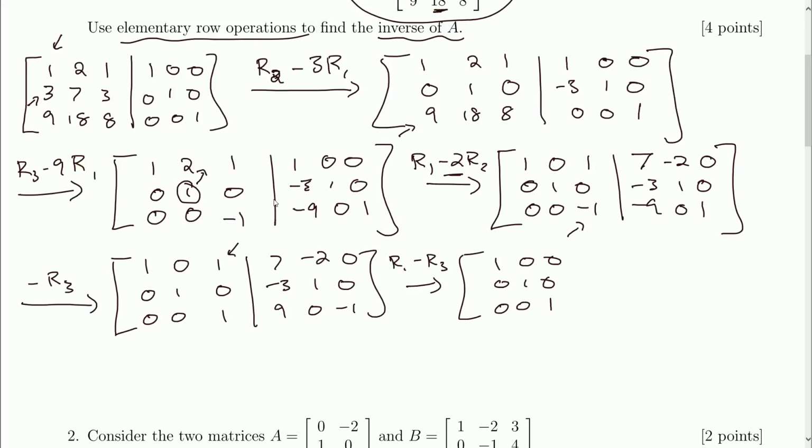Aha, this is the identity matrix. So whatever is left over here is the inverse. It's regular 9. 9, 0, negative 1. Negative 3, 1, 0. And now 7 minus 9 is negative 2.